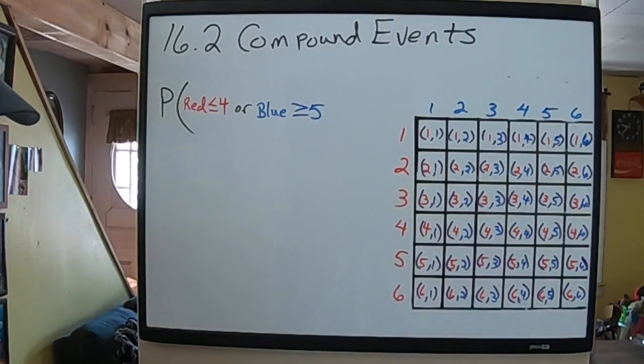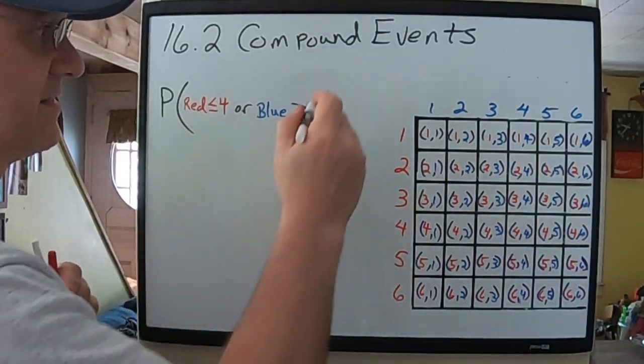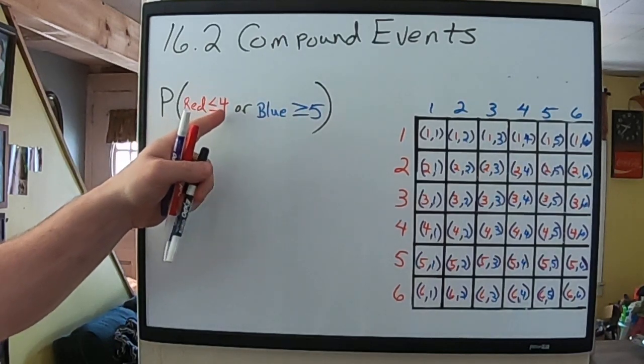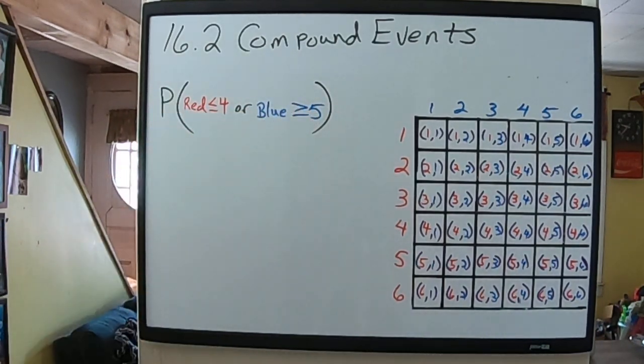Now in the book, they use small and big, S and B, and they just use S less than or equal to 4 or B greater than or equal to 5, that type of thing. But we can follow it here.